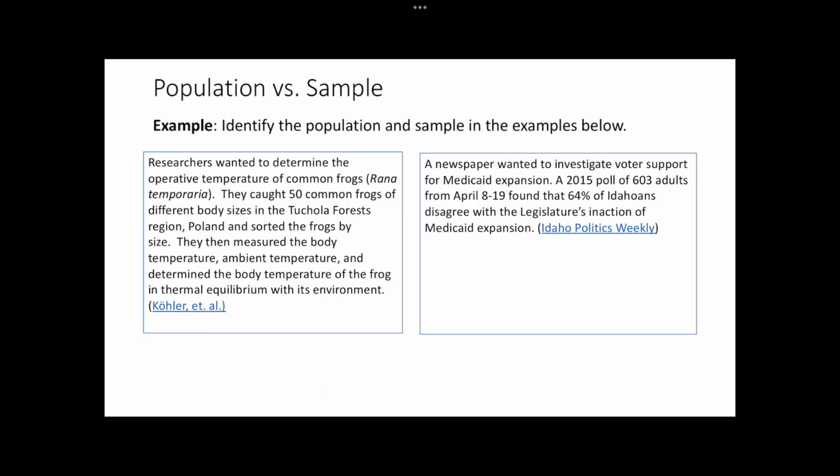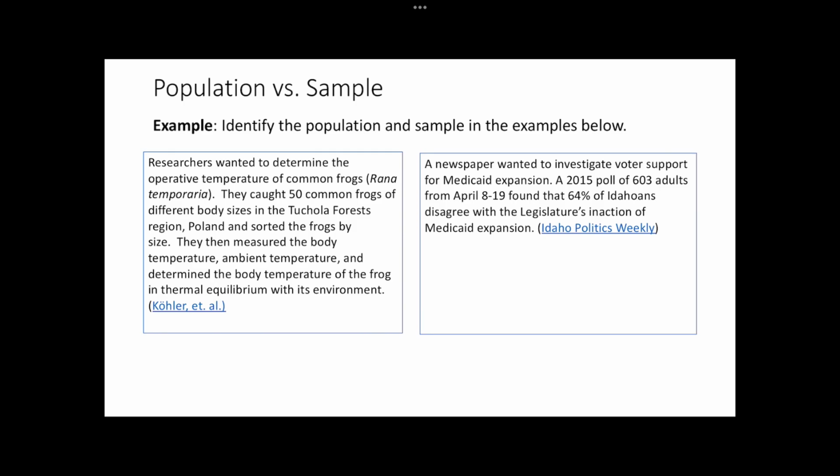So let's look at some examples. I want to identify the population and sample in the examples below. So this first example, researchers wanted to determine the operative temperature of common frogs. They caught 50 common frogs of different body sizes in the Tuchola Forest region, Poland, and sorted the frogs by size.